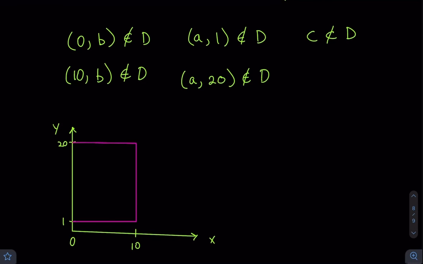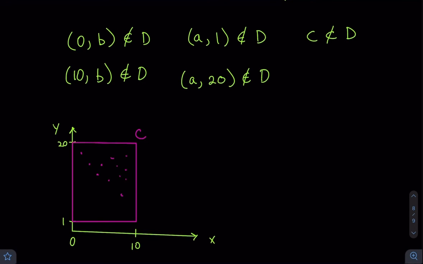So this rectangle is set C, meaning all the points within this rectangle and on the edge of the rectangle, so on these edges here, are all the points represented by set C.